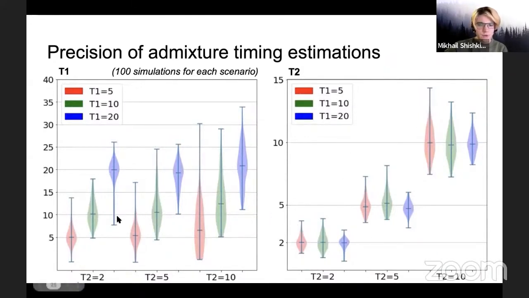Like I already said, when T1 is smaller than T2, for example in this red plot where T1 is 5 and T2 is 10, it is hard to distinguish this case from a one pulse scenario, so the precision of the estimation for T1 in this case is not so accurate. But estimations for T2 are accurate for any cases.